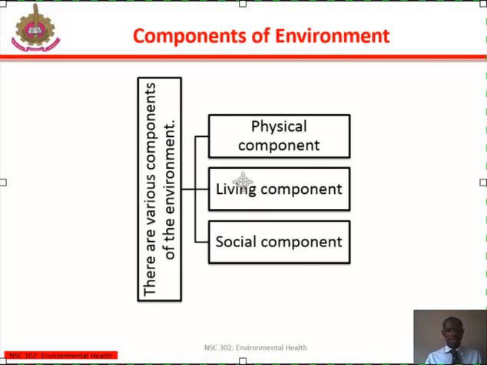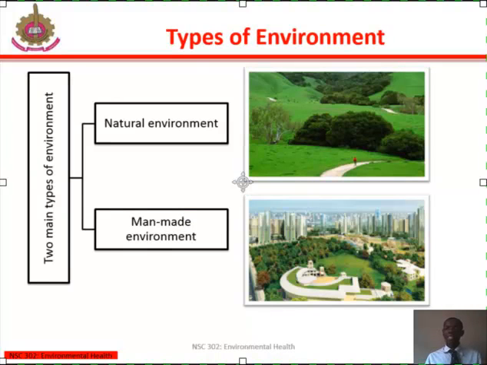Let's continue as we learn about the main types of environment. There are two main types of environment, which are the natural environment and the man-made environment. The natural environment is commonly referred to simply as the environment.